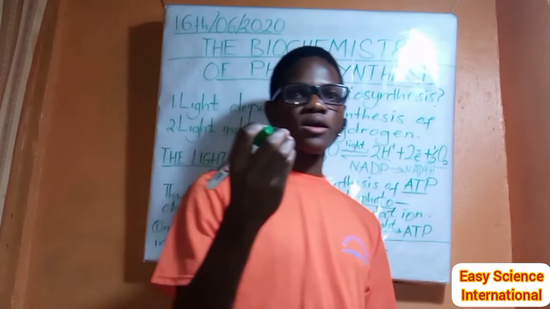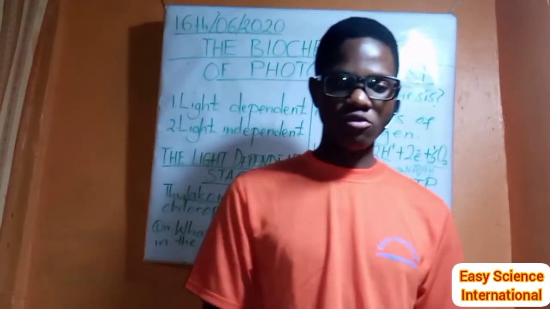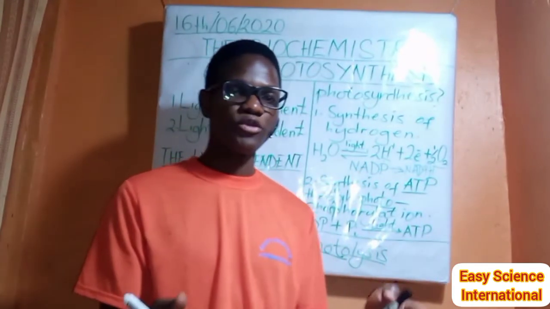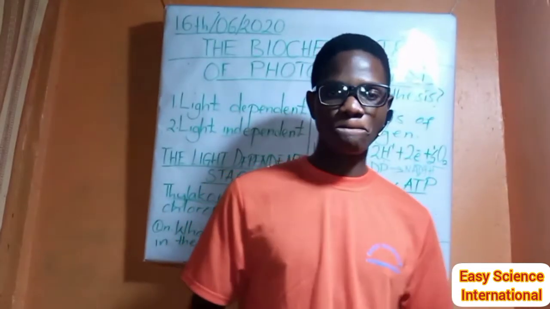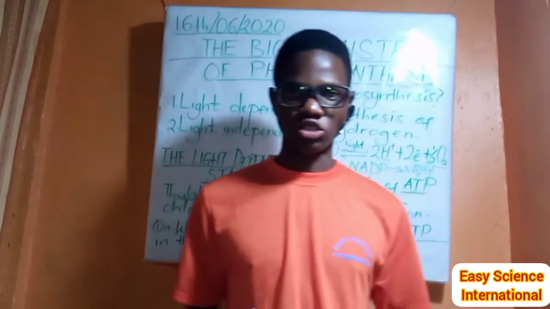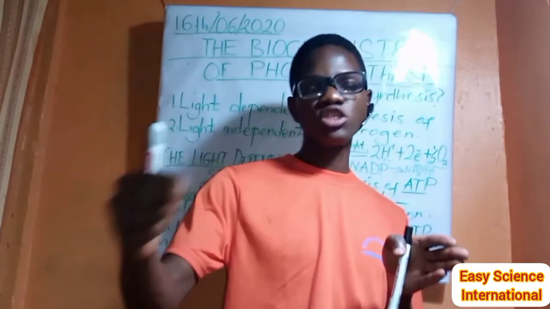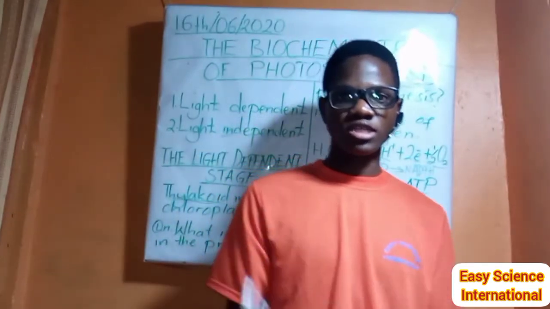So in advanced level, they always ask you to define. In your exam, you might face a question which asks you to define the term photophosphorylation. When you are to define, you give the definition and go ahead and give some relevant information about it.